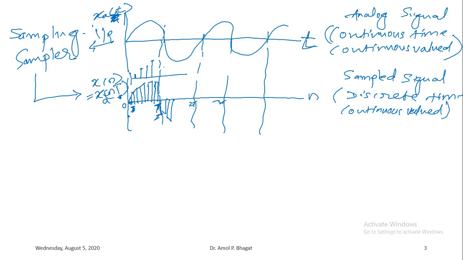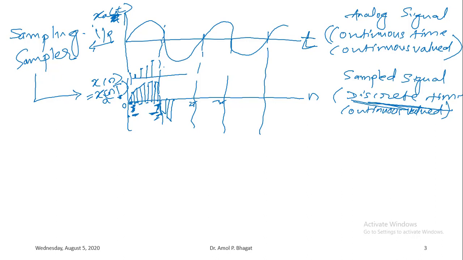Between these two samples some interval will be there, and the same interval will be here between these two samples. That means time is discrete in this case, so we are calling it a discrete time signal. For some time periods values are not there, it is not continuously varying.